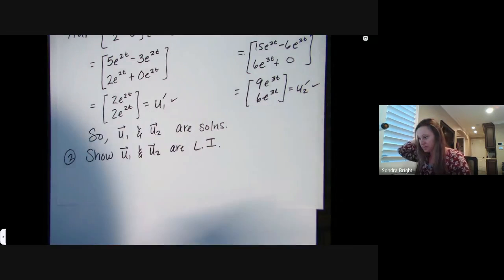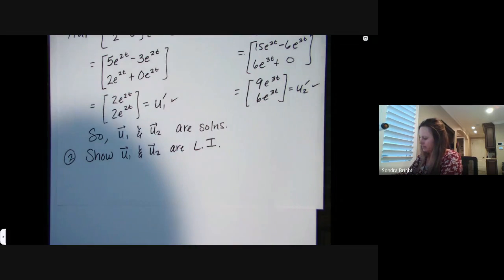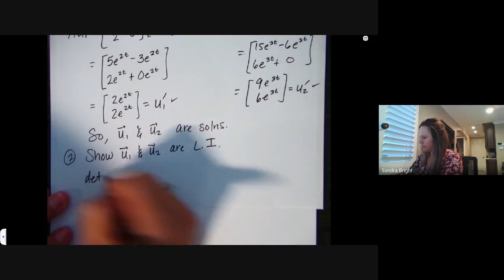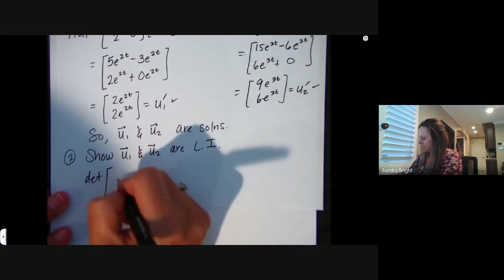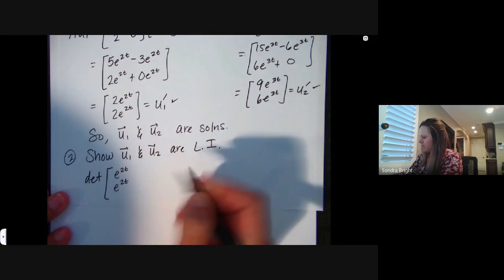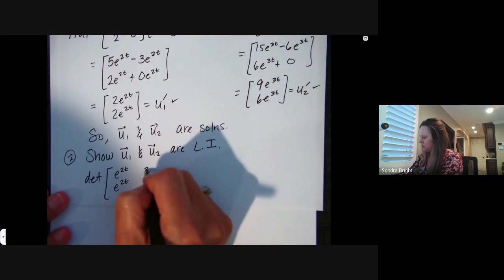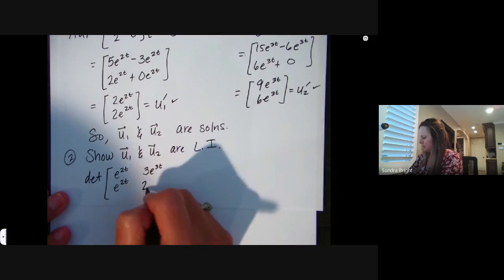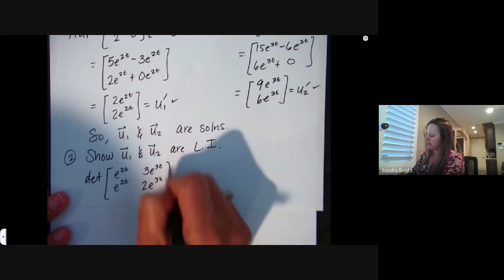So let's find the determinant. U1 was e to the 2t, e to the 2t, and U2 was 3e to the 3t and 2e to the 3t.